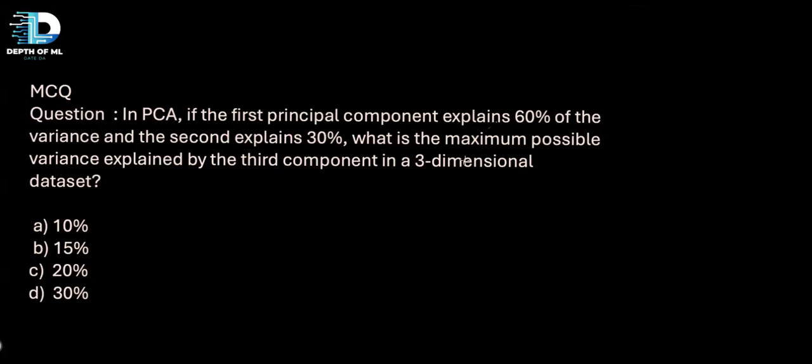So we know that it's a three-dimensional data set, so the total variance explained will be 100. So if the contributions are 60 plus 30 plus x, that should add up to 100. So it's a very simple question. x is equal to 100 minus 90, which is 10, right? So A is the answer.